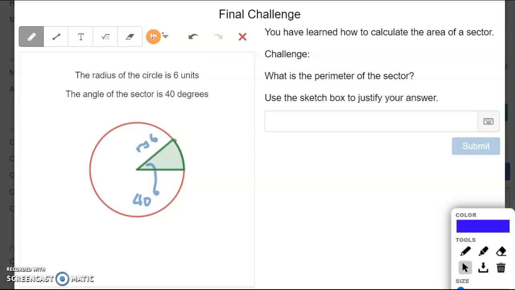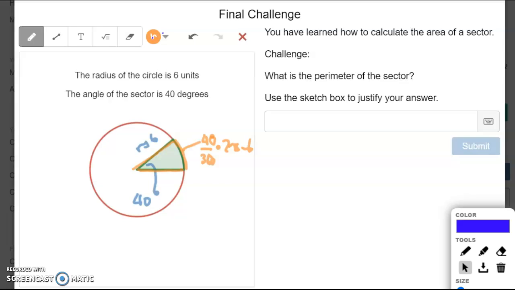We need to figure out this length. What is this length? That's going to be 40 out of a possible 360 degrees multiplied by the whole circle's circumference, which is 2 times pi times 6. Is that all? No, we also need to add this length and this length here as well, because that's going to be the perimeter.